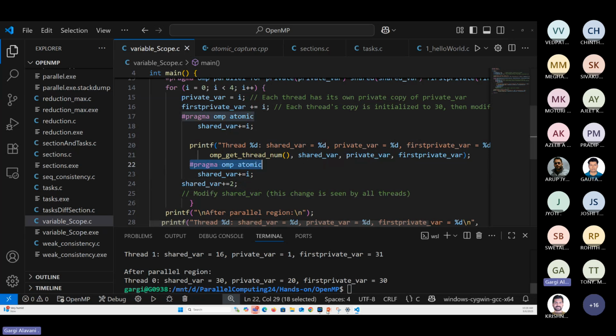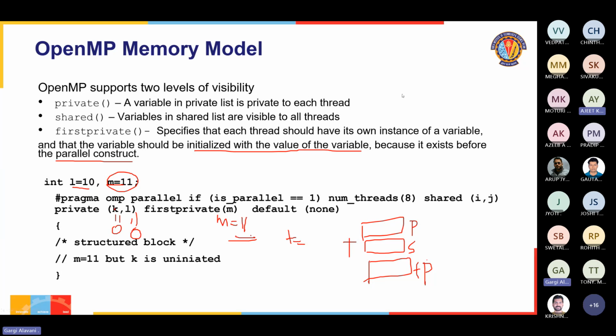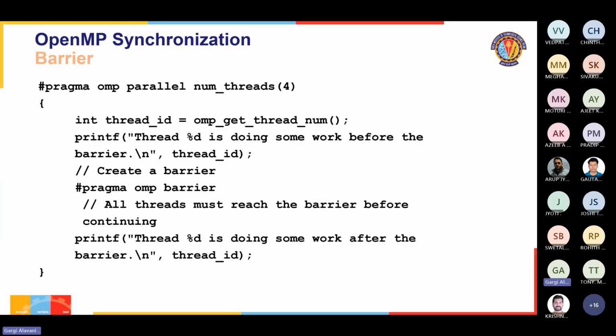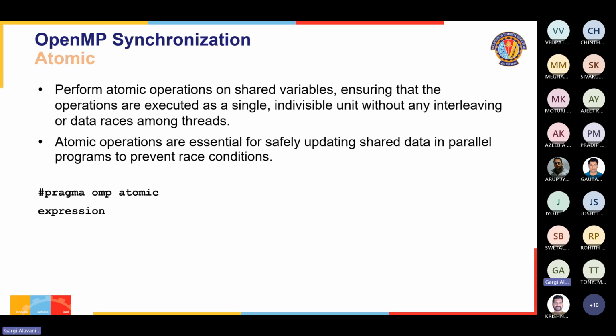Yes, let me go to the slide. Before moving on, I'll just talk about atomic. Atomic is meant for doing atomic operations on shared variables, that is, doing a single indivisible operation and ensuring there are no data races among threads.